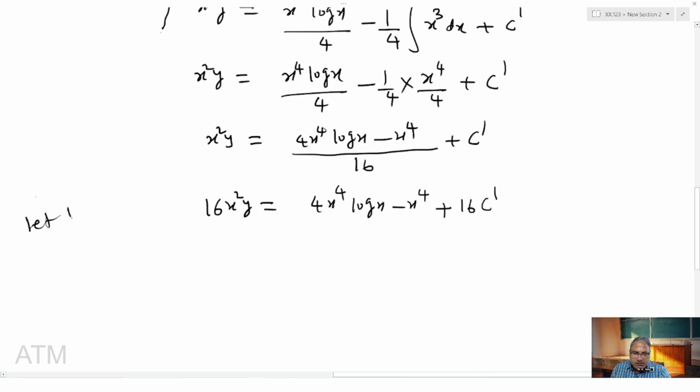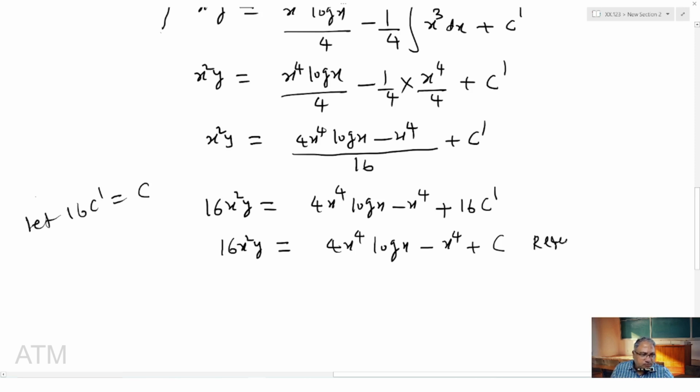Let 16c dash equal c. Therefore, 16x square y equals 4x raised to 4 log x minus x raised to 4 plus c. This is the required general solution.